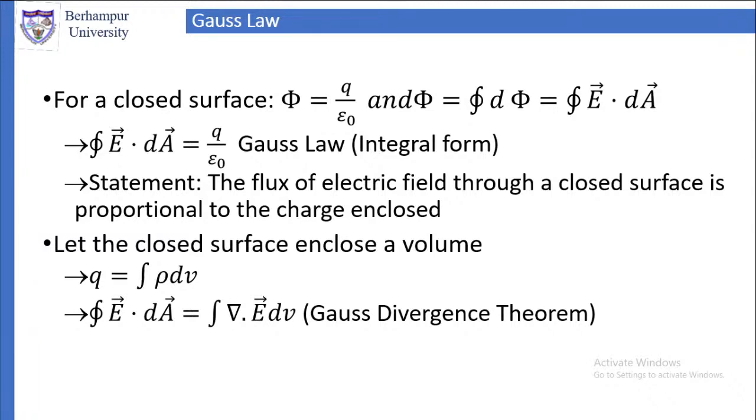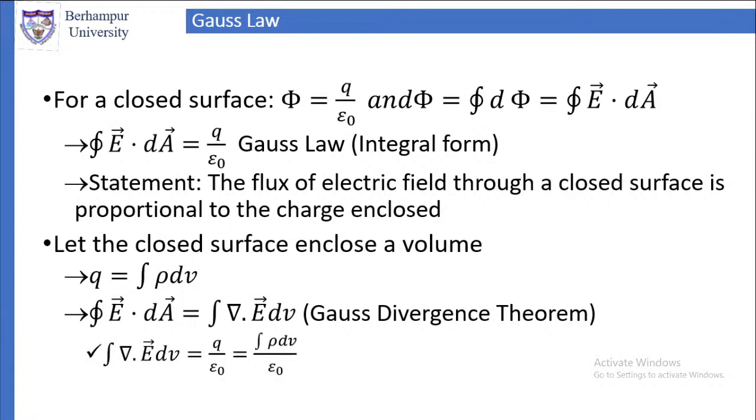So integration of E dot dA, that we know from Gauss divergence theorem, divergence of a vector integrated over elementary volume is equal to the surface integral of the vector over the surface enclosing the volume. That is what is Gauss divergence theorem. So from Gauss divergence theorem, here the vector is E, and therefore integration of E dot dA is equal to integration of divergence of E dV.